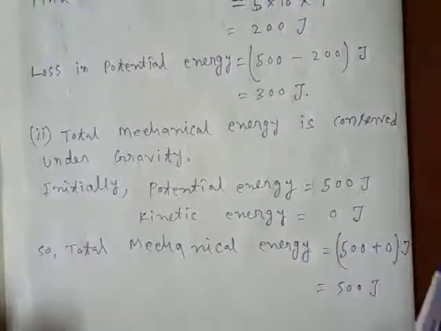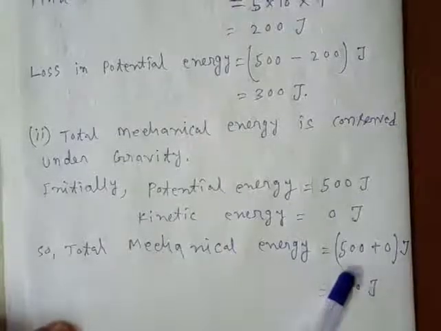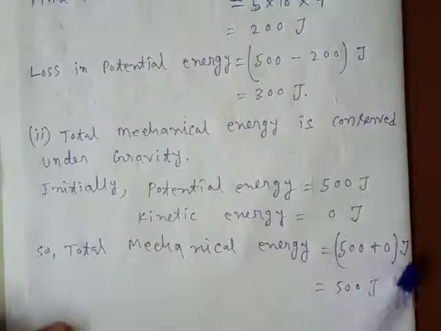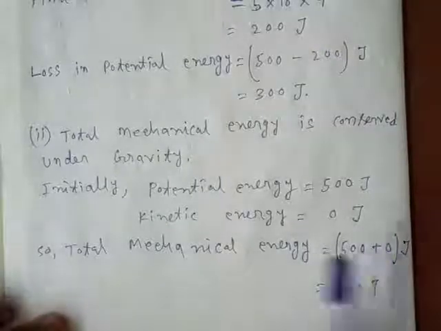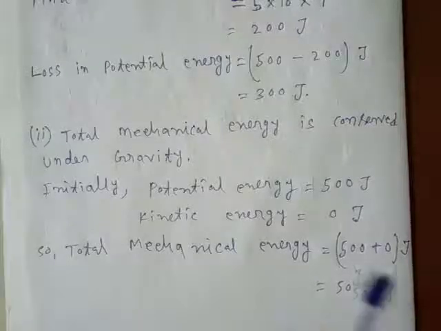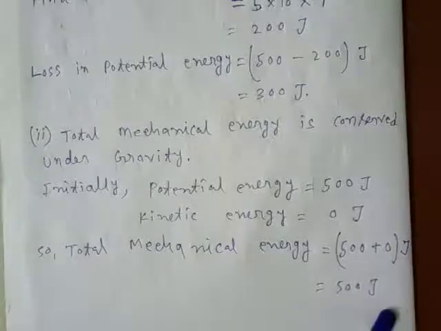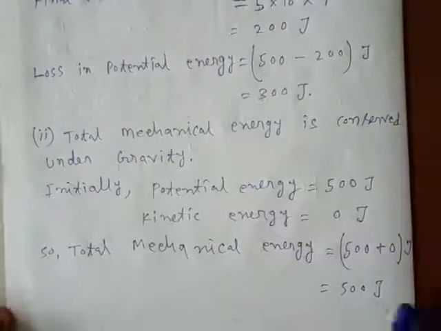So half mv square will be 0. So total mechanical energy of that body is 500 plus 0, that means 500 joule. So obviously at any instant the body has energy 500 joule. This is the simple answer.